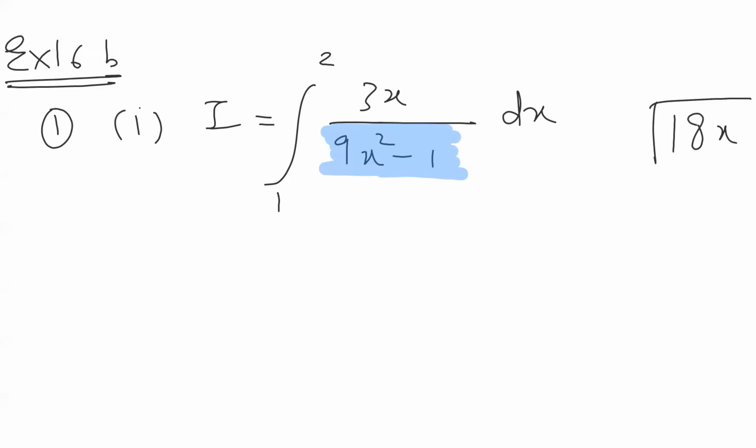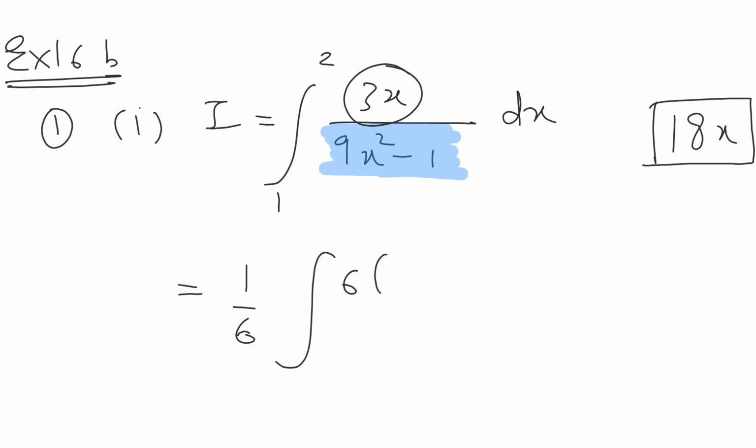So can we make the numerator as 18x? Yes. Multiply and divide by 6. Correct. Perfect. So whenever getting the derivative is easy by some simple calculations, you can just make it as the derivative.